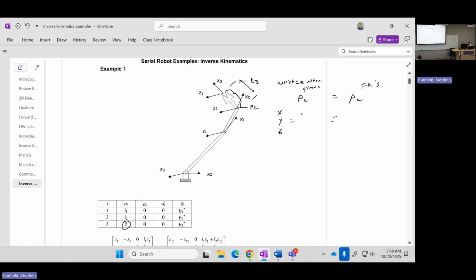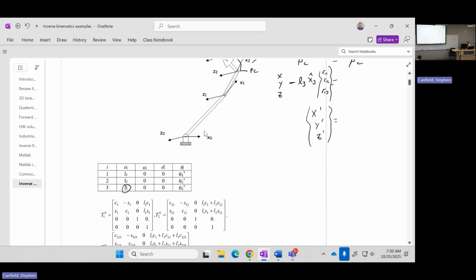So I have to back up a distance L3 in the X3 direction. The X3 direction was row 1, column 1, row 1, column 2, row 1, column 3 from the givens. I'm just going to pull those together and call it X prime, Y prime, Z prime, just so I don't have to carry that around. So those are known values. Of course, I'm not putting in numbers, but those are known values.